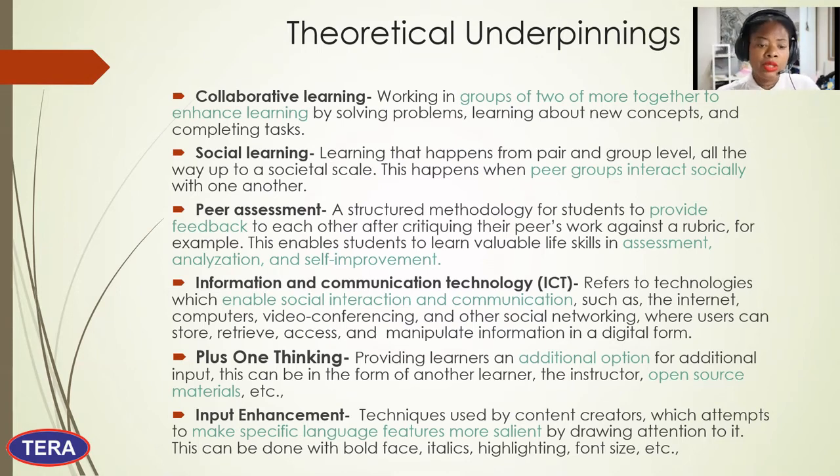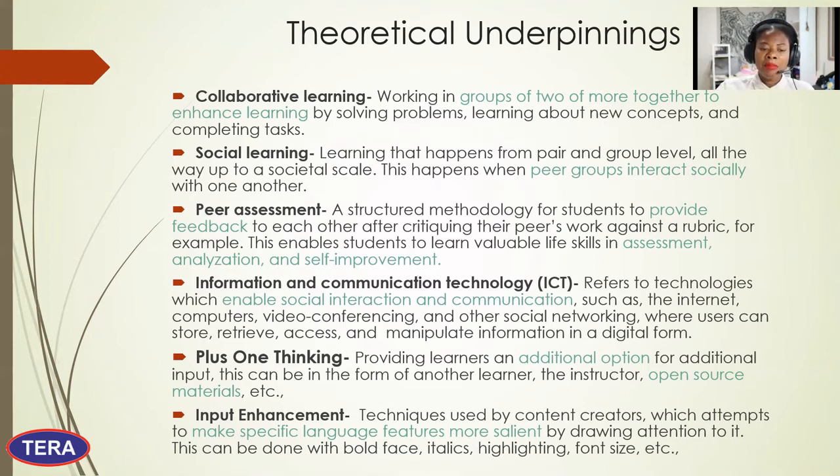Collaborative learning is working in groups of 2 or more together to enhance learning by solving problems, learning about new concepts, and completing tasks. Social learning is learning that happens from pair and group level all the way up to a societal level. This happens when peer groups interact socially with one another.